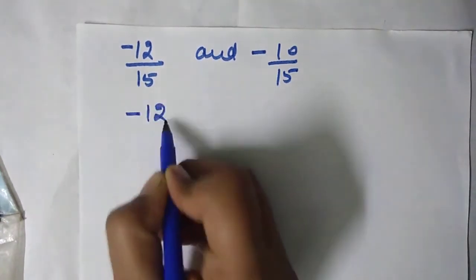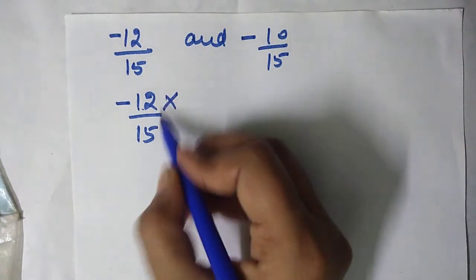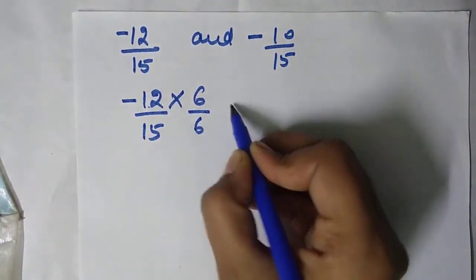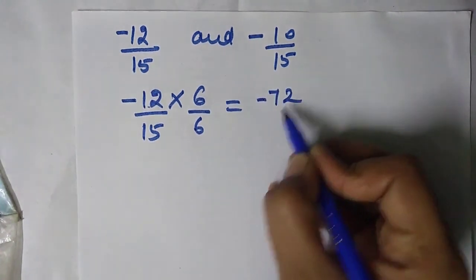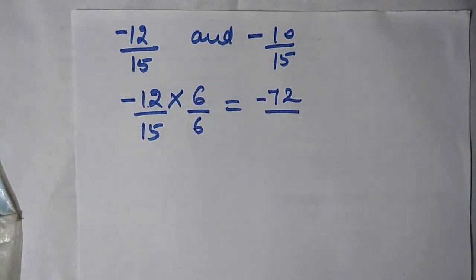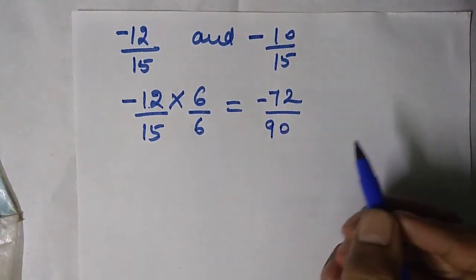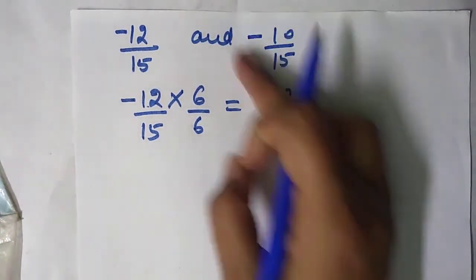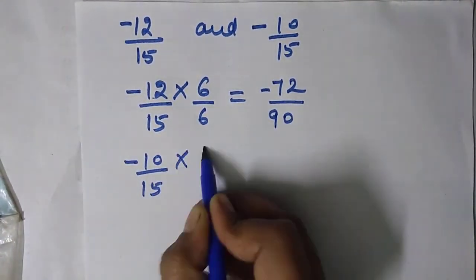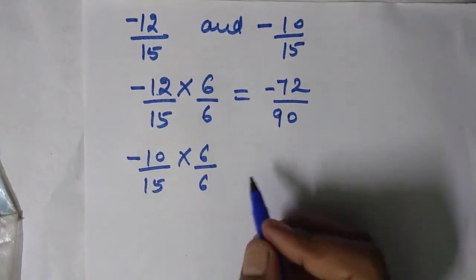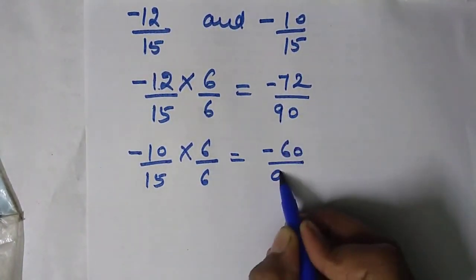For the first rational number I multiply numerator and denominator by 6. Minus 12 into 6 is minus 72, and 15 into 6 is 90. Same for the second fraction, minus 10 by 15: I multiply both by 6, so it will be minus 60 by 90.